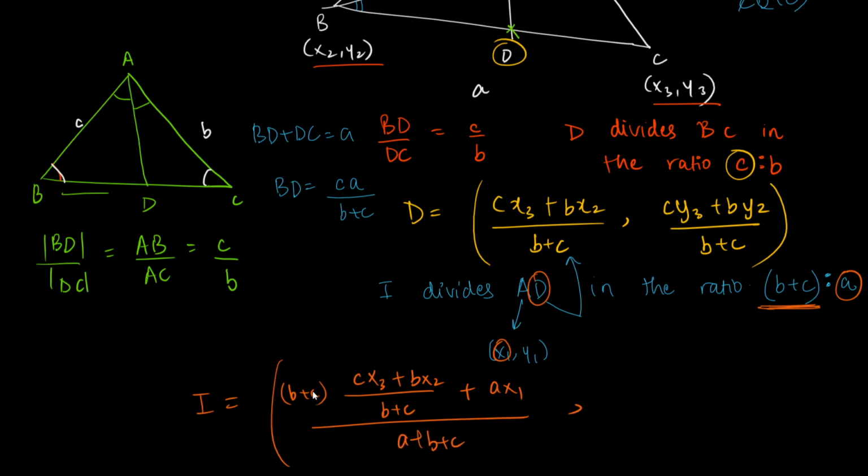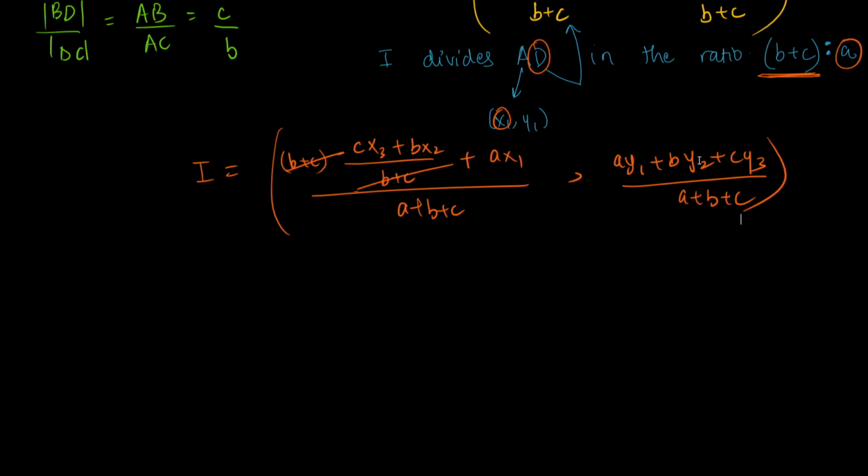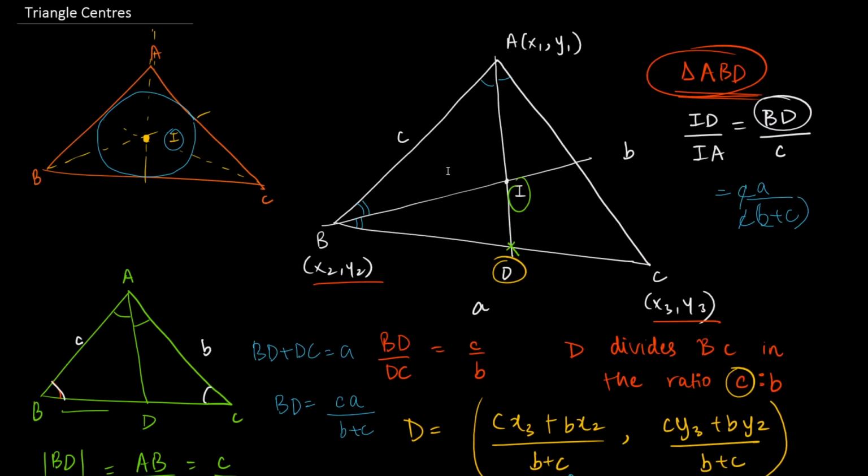Notice b plus c just cancels out, and similarly for y, you can write ay1 plus by2 plus cy3 divided by a plus b plus c. Hence, these are the coordinates of the incenter for a triangle that's defined like this.